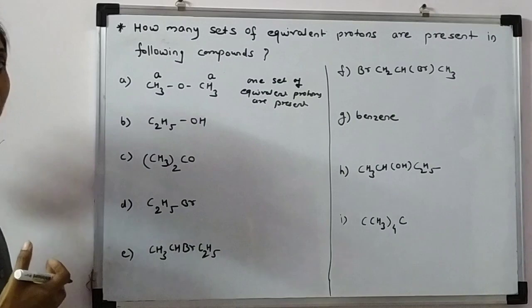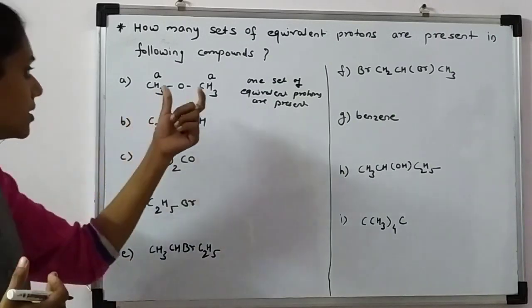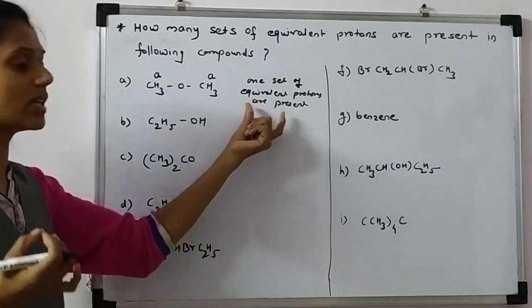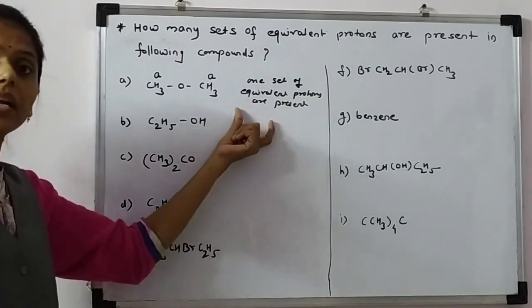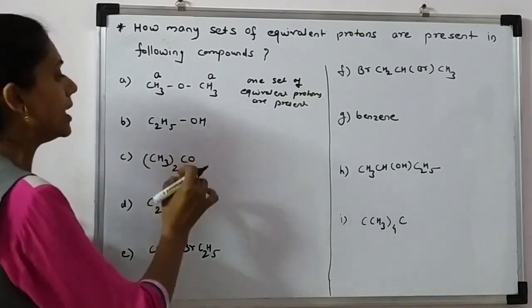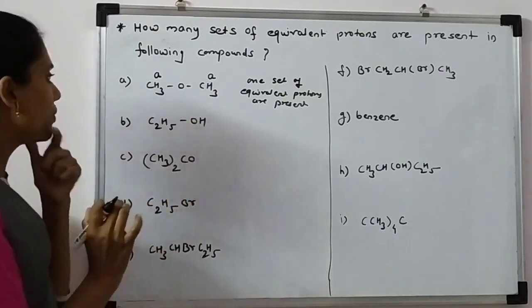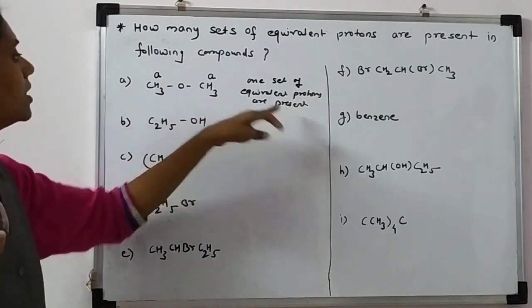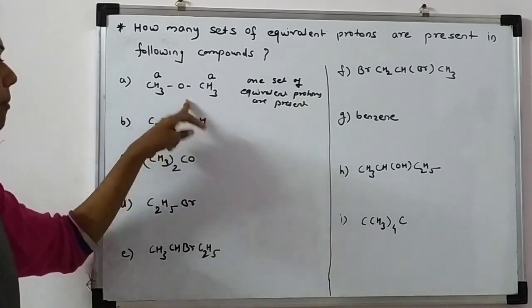Both questions are actually the same. That many sets of equivalent protons are present in the given compound, that many signals we obtain. So we can say that here only one signal is given by this compound.